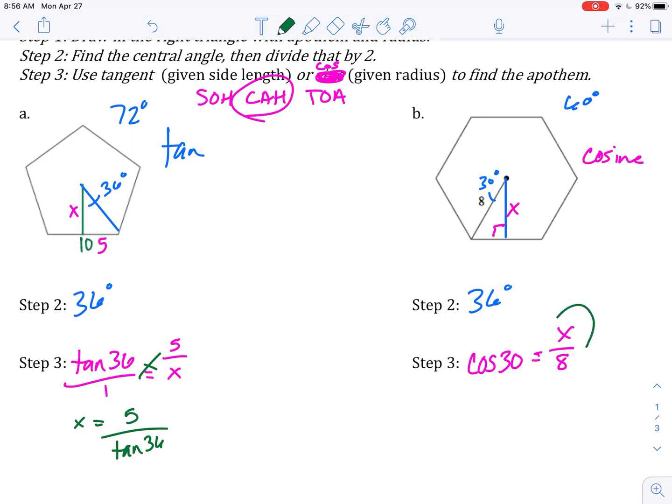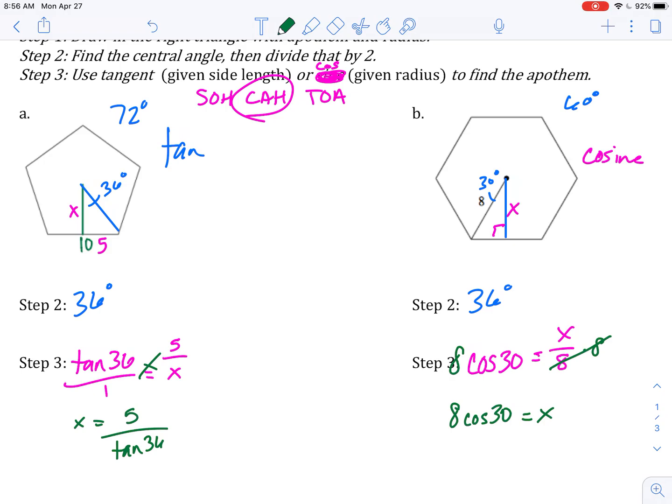So if we cross multiply tangent of 36 times x equals 5, and then we divide by the tangent of 36 to get x by itself. So x is 5 over tangent of 36.